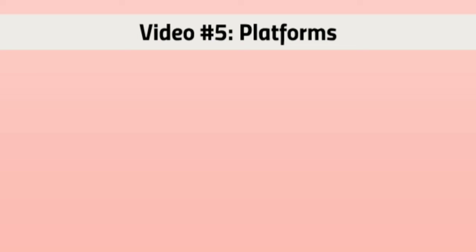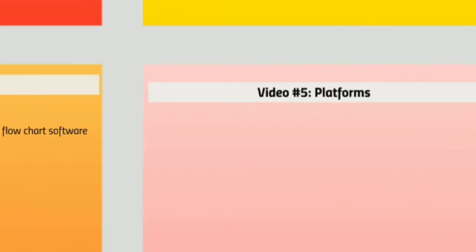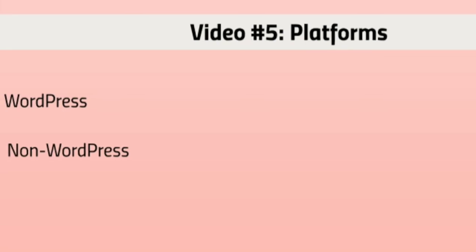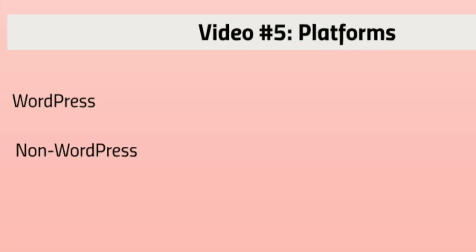If you think about a lot of the membership scripts nowadays, they actually have WordPress plugins or even non-WordPress plugins. So you really have to think about what your main site is going to be using. I would say probably the majority of you are going to stick with WordPress, just because the majority of themes out there are basically made for WordPress.